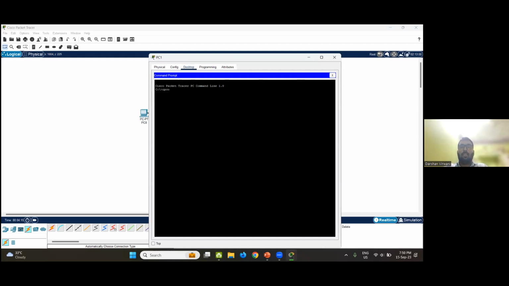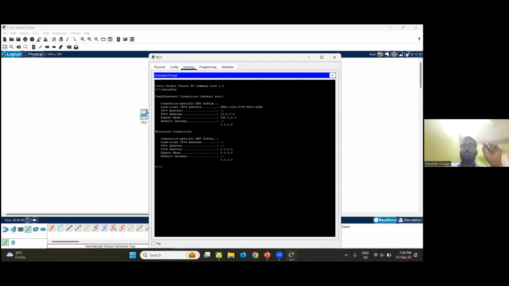So first of all, we'll see what the IP address is, using the command ipconfig. Here you can see the IP address is 10.0.0.4. So I will be trying to ping our server, ping 10.0.0.1.